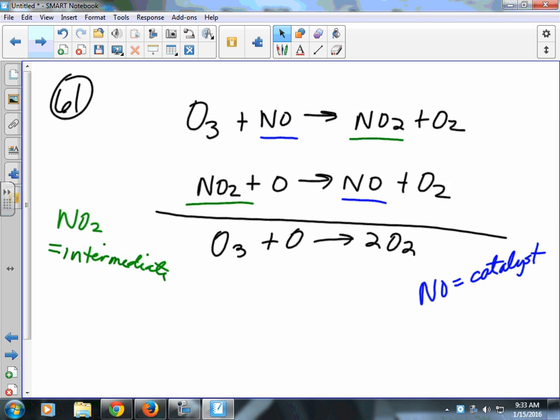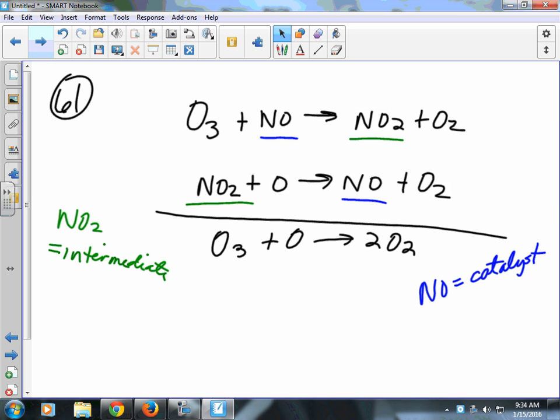I won't ask that. What I will ask about activation energy quantitatively would be more like, look at number 55. Look at number 55. That's what I would ask as far as math on the activation energy.